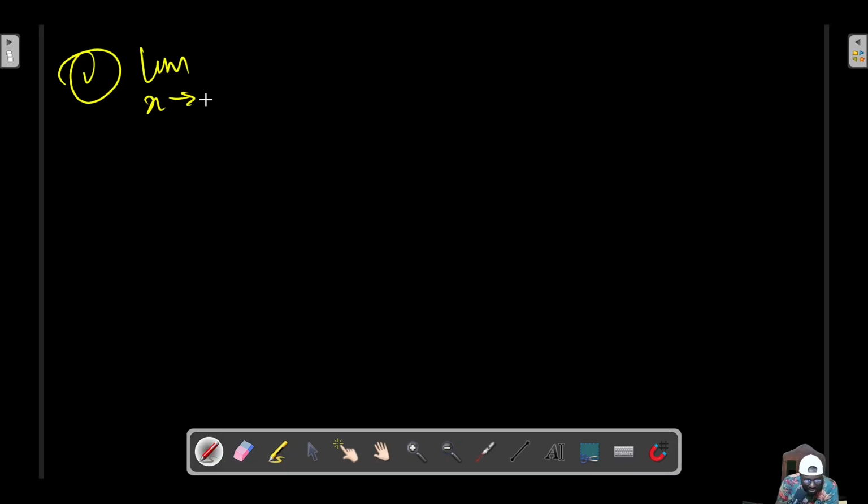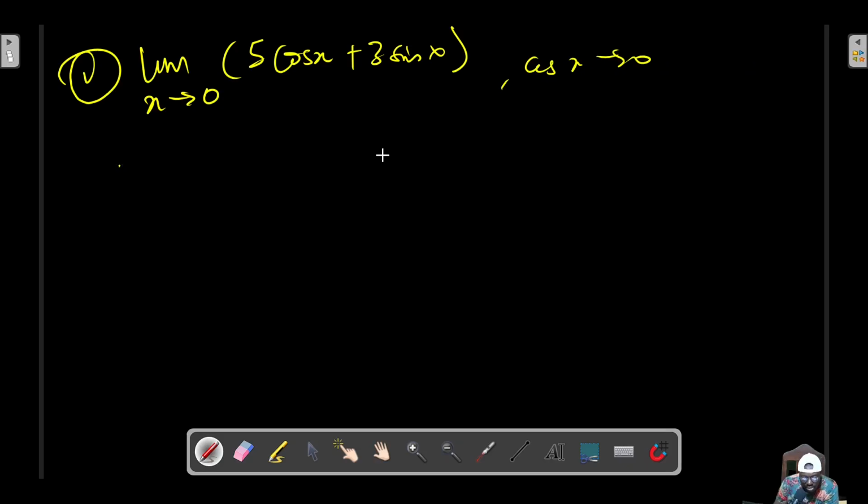The limit as x approaches 0 of the expression 5 cos x plus 3 sine x. So here you can do your direct substitution. As x is approaching 0, what do we end up with?